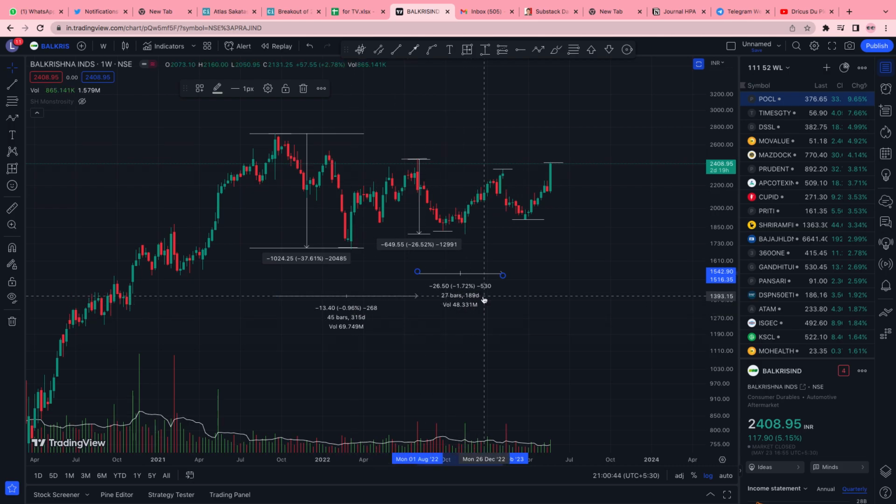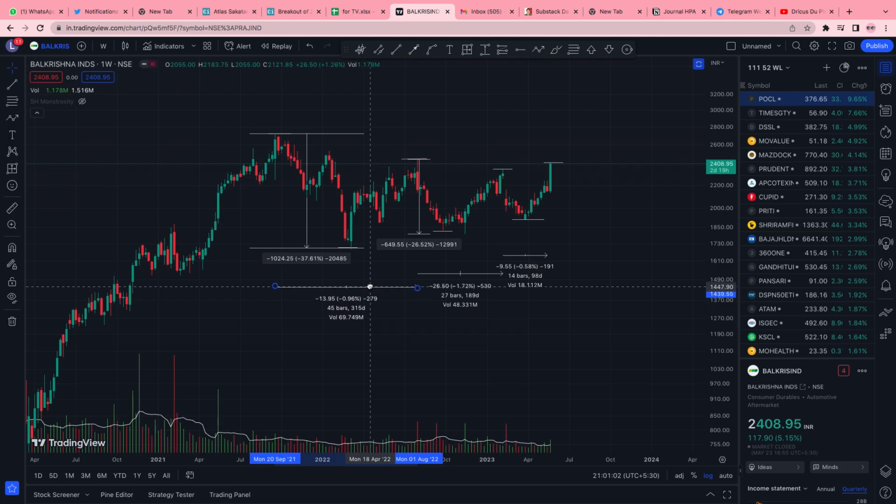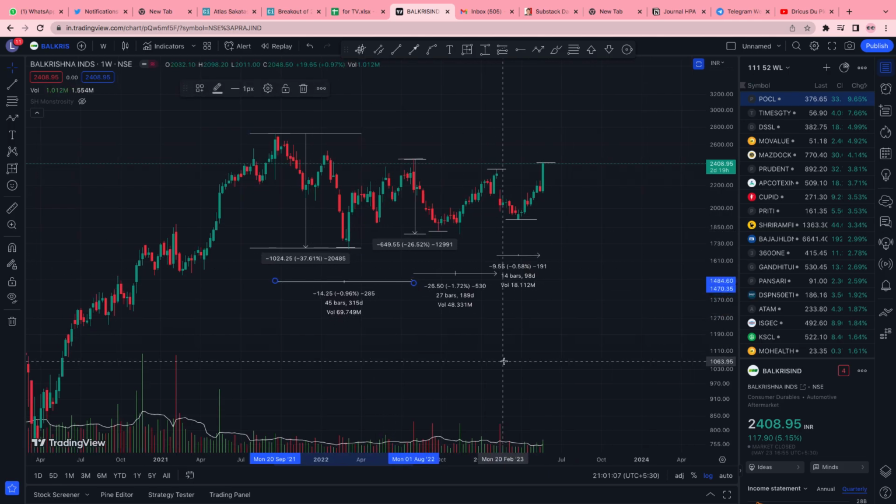So you can see that not just price contraction is happening, but the volatility and the contraction in terms of time is also happening. Similarly, in this, you can see that it's just 98 days, right? Nobody talks about this, but this is also an important concept when you look at contraction, VCP as a constructive pattern.